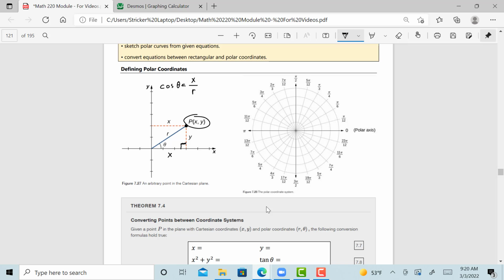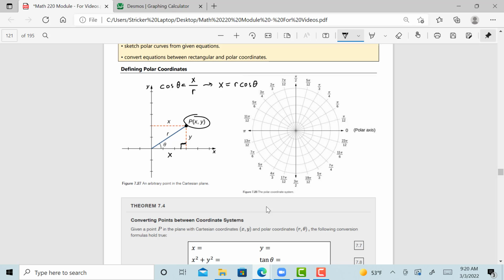Now, if we solve that equation for x, we would see that x is equal to r cosine of theta. And that right there can be used as a formula for converting between polar coordinates and Cartesian coordinates.